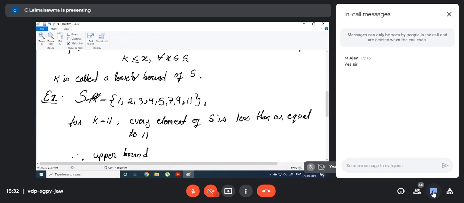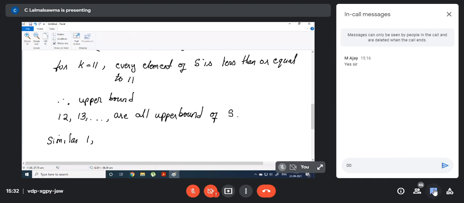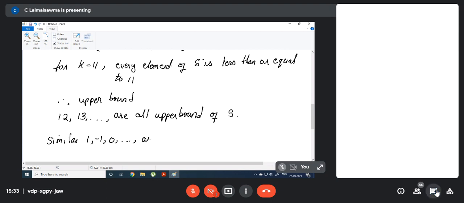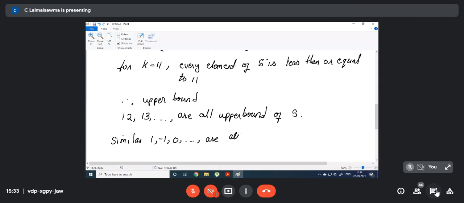If we take two, minus 1, yes, minus 1, it will go downwards now. 0, you can take 0 also, and like that, all are lower bounds of S.